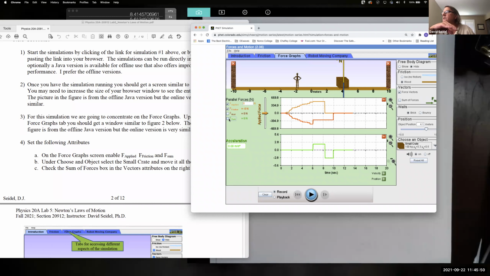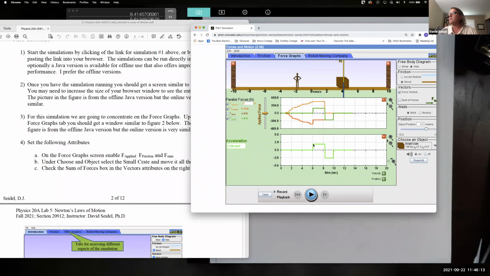If I look at F sum here, because I had an applied force greater than the kinetic friction, I have a positive net force, or sum of forces. As soon as I let go, my applied force dropped to 0. And so the sum of forces is just friction. So now it's gone negative and is causing it to slow down.